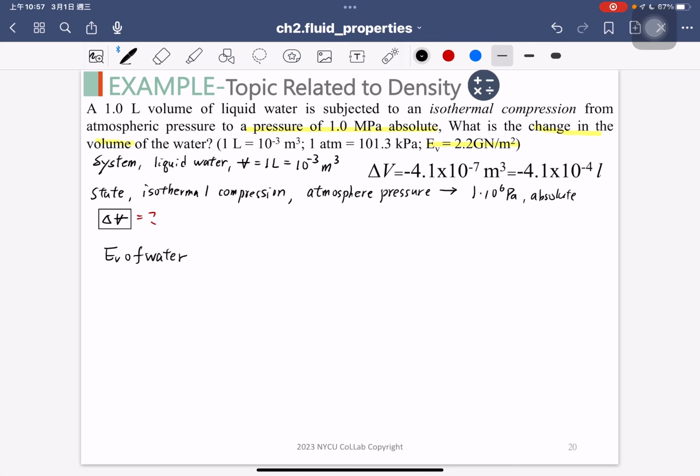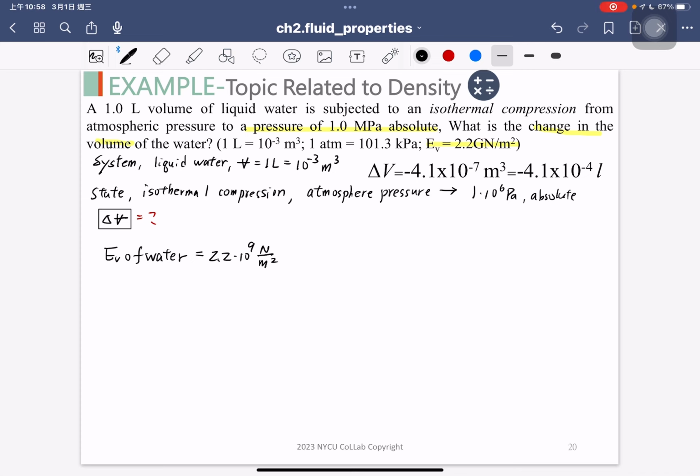So we know that the Ev of water is equal to 2.2 giga newtons per meter square. If we don't have the Ev, we cannot keep going.